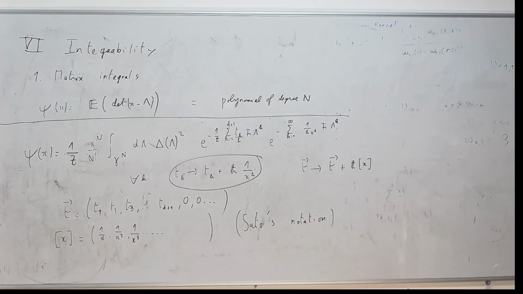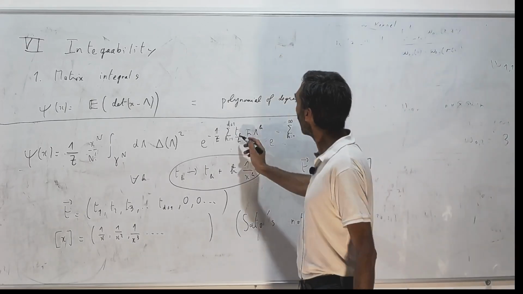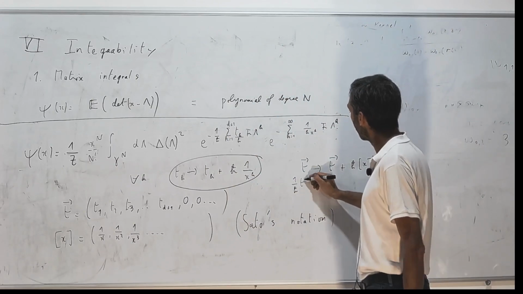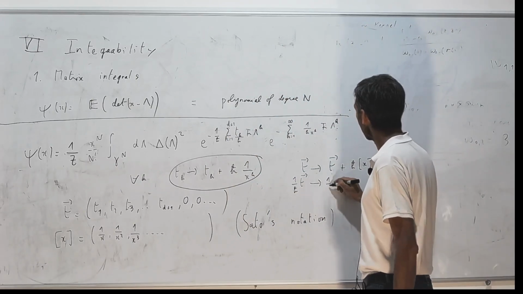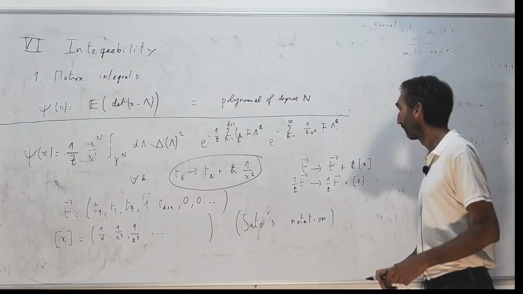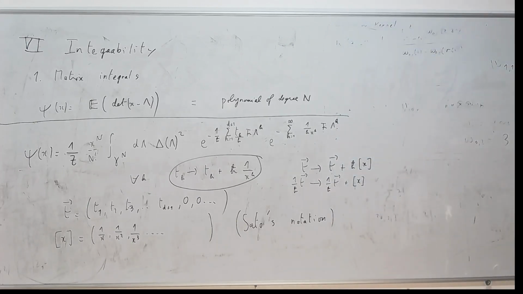Or in fact, since, as I said from the beginning, everything depends only on 1 over h bar times t, 1 over h bar times t was changed to 1 over h bar times t plus x. So the true times, which are 1 over h bar t, are just changed by x with a coefficient 1.